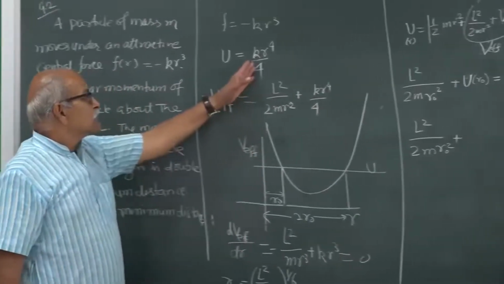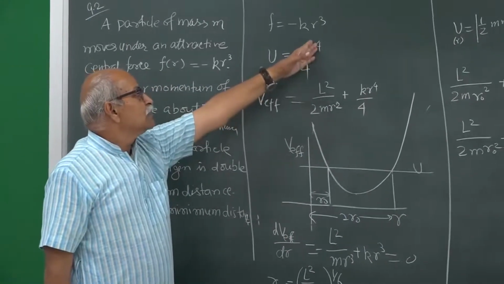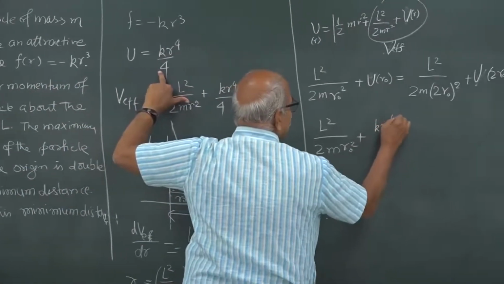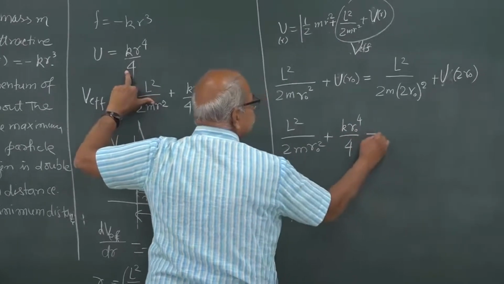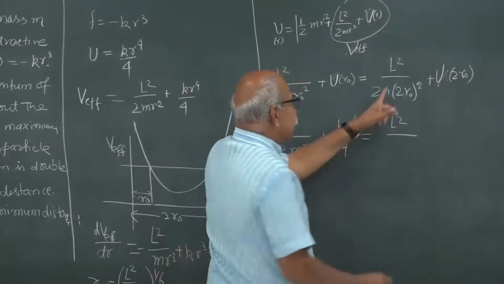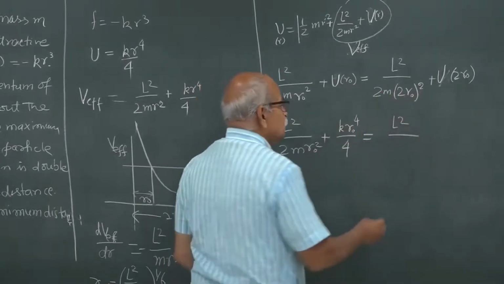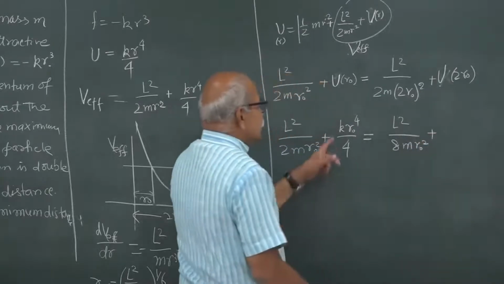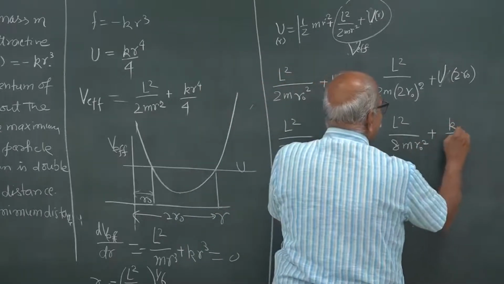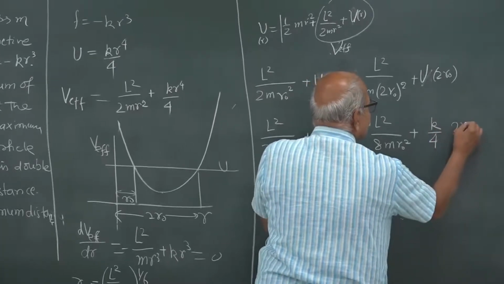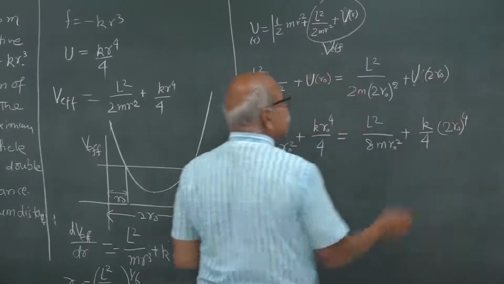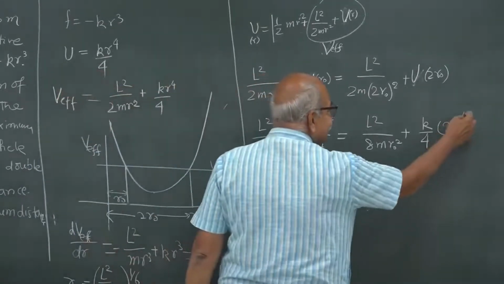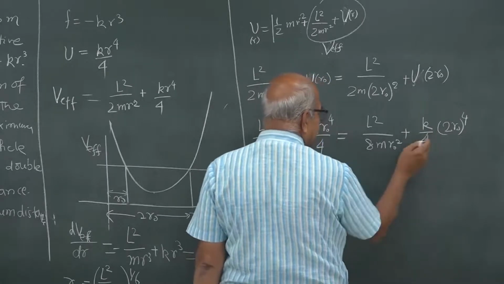What is u at r naught? k into r naught to the power 4 divided by 4. So, k r naught to the power 4 divided by 4 is equal to L square divided by 2 into 2 is 4, 4 into 2 is 8. So, 8 m r naught square plus this is k by 4 and then 2 r naught to the power 4, the potential energy at 2 r naught. So, 16 by 4 is 4 here.